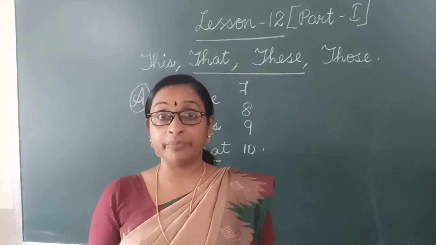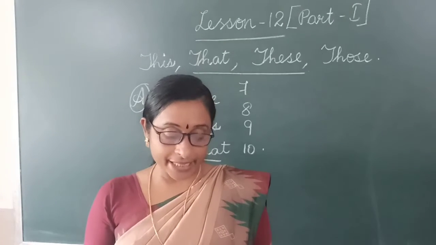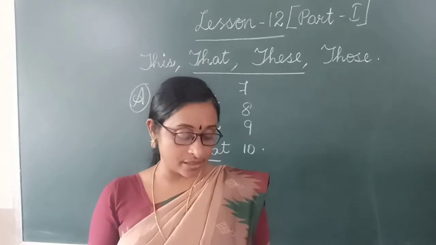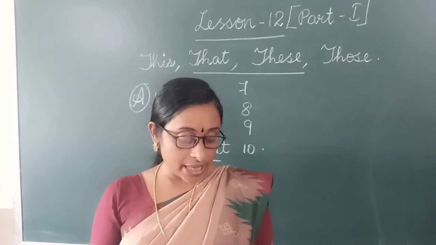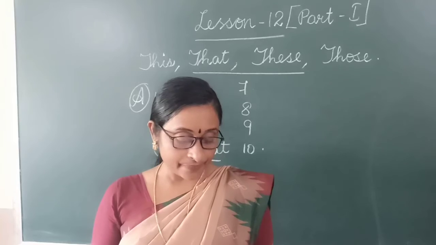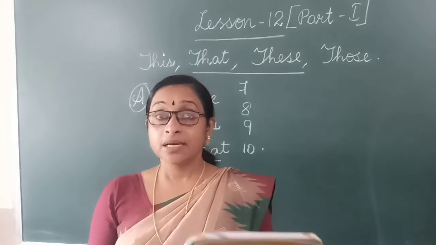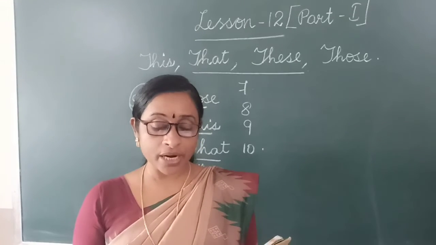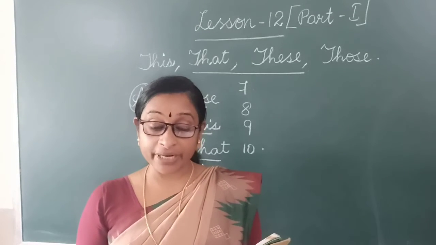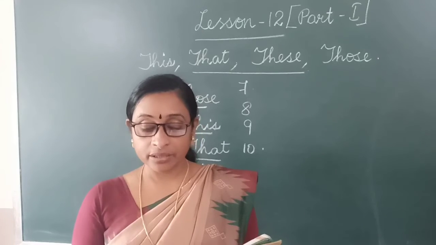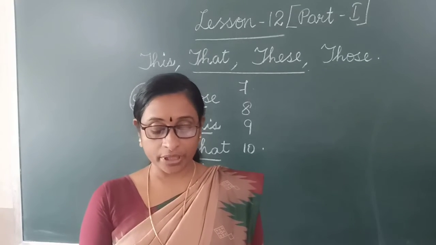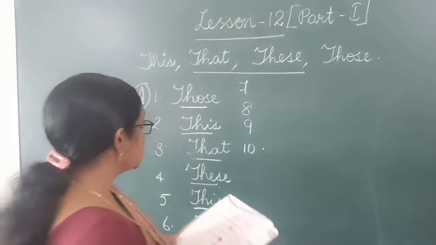That is a map of India, because the pointed finger is there. Next one, dash is a bicycle. This is a bicycle. Next one, dash purse is Sarita's. This purse is Sarita's because the purse is kept close to me. Next one, these dash are my shirts. These are my shirts. It is close to me.